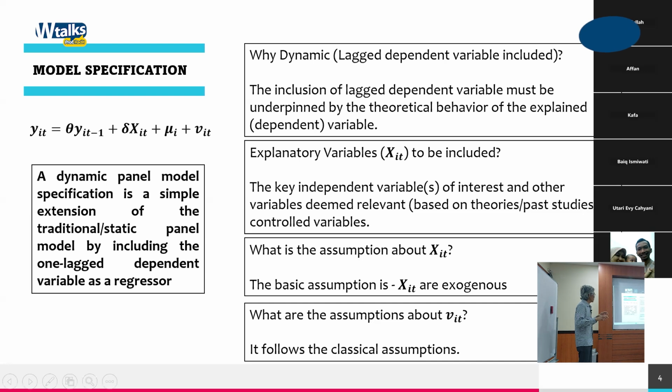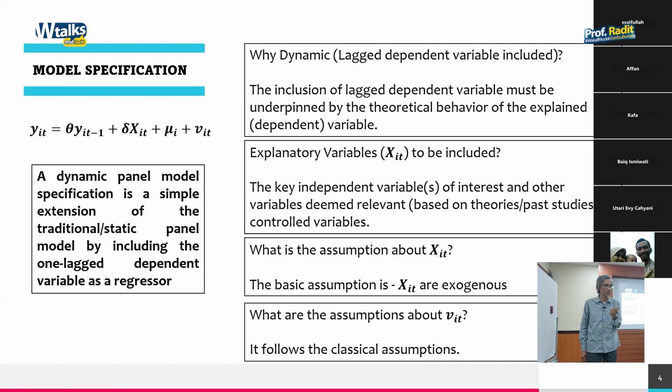Now, when we have model specifications, you have to answer all these four, right? Whether you want to adopt this type of modeling or not in your work. The first one, why do you need to put dynamic in there, right? Why do you need to put this lagged dependent variable in your regressions? What are the reasons? You have to answer that part, right?